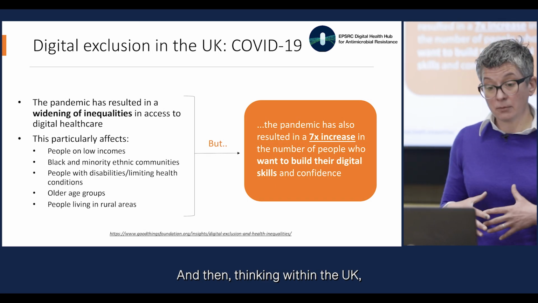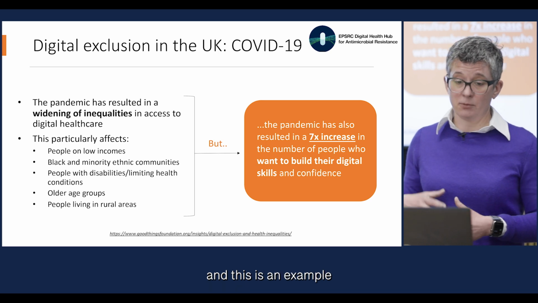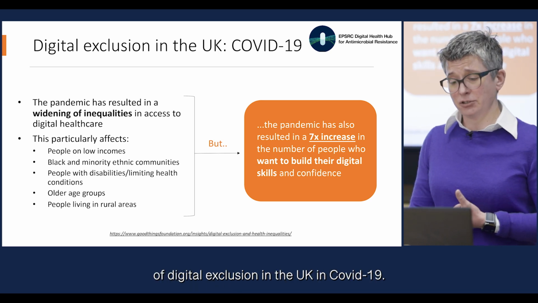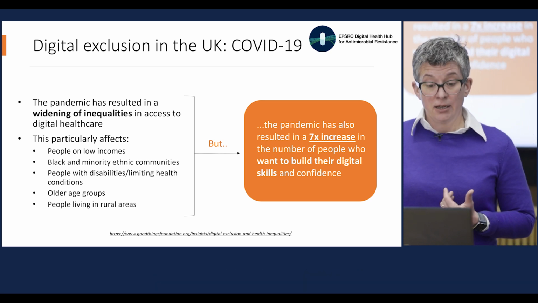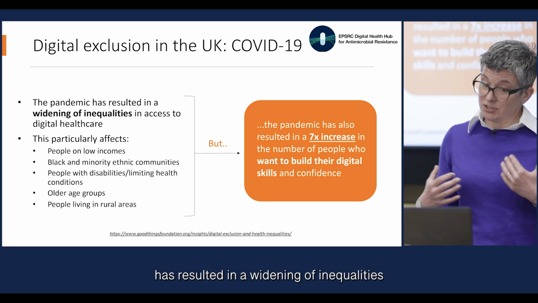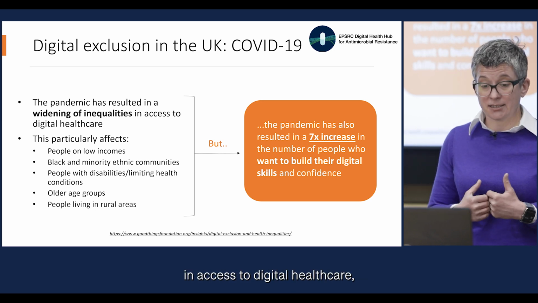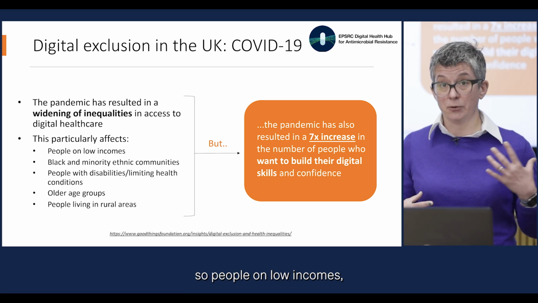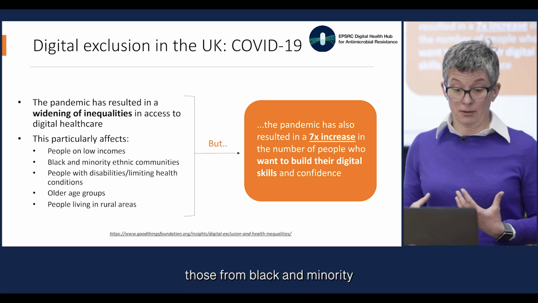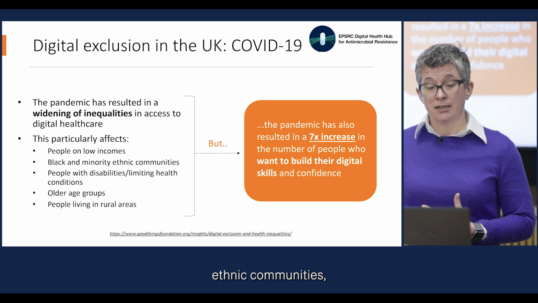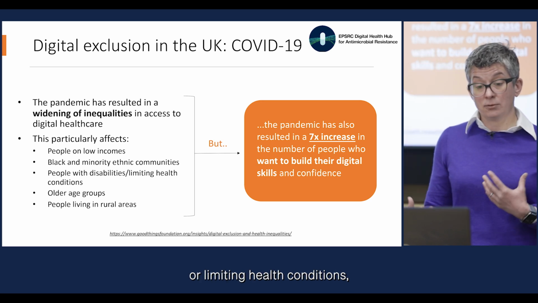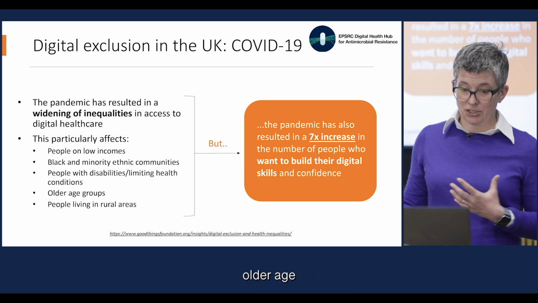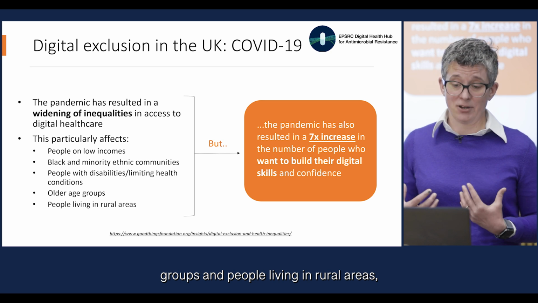And then thinking within the UK, this is an example of digital exclusion in the UK during COVID-19. We know that the pandemic has resulted in a widening of inequalities in access to digital healthcare, and that it particularly affects certain populations: people on low incomes, those from Black and minority ethnic communities, people living with disabilities or limiting health conditions, older age groups, and people living in rural areas.